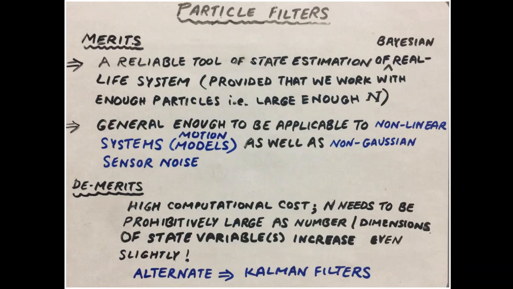So we're going to summarize the merits and demerits of the particle filters. It's a very practical, reliable tool of state estimation of real-life systems, which can be modeled as Bayesian networks.